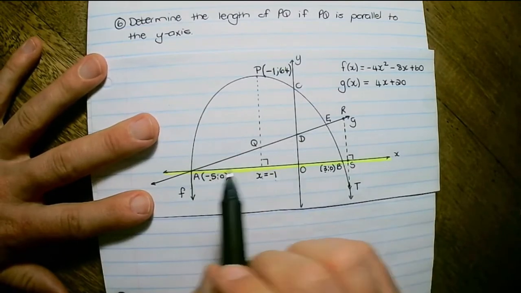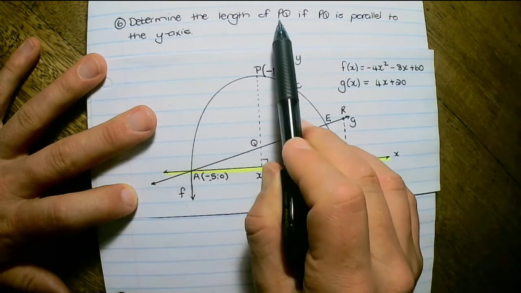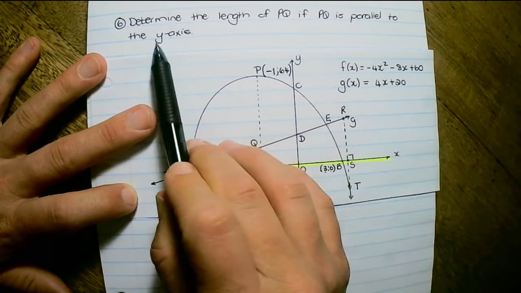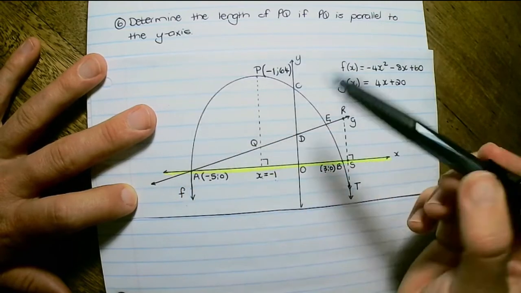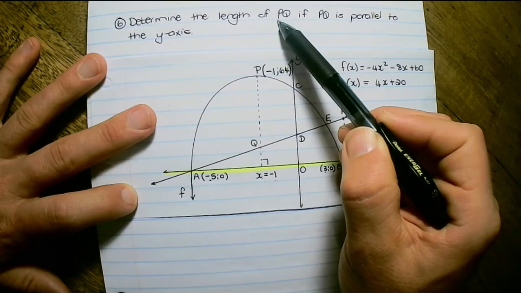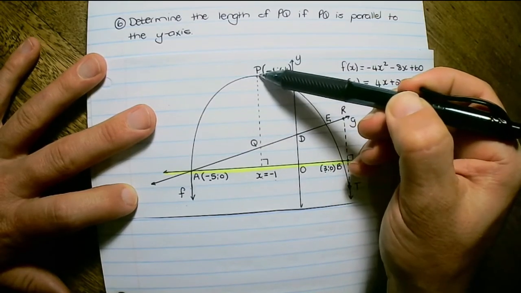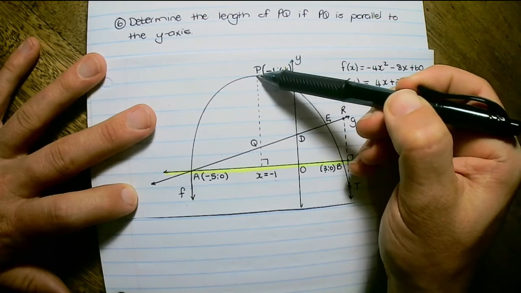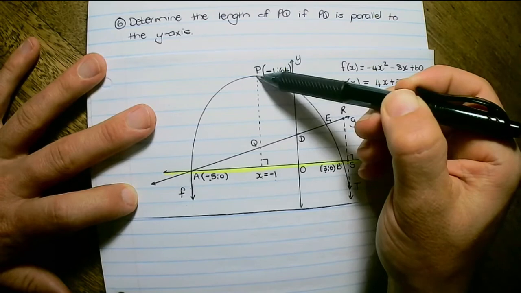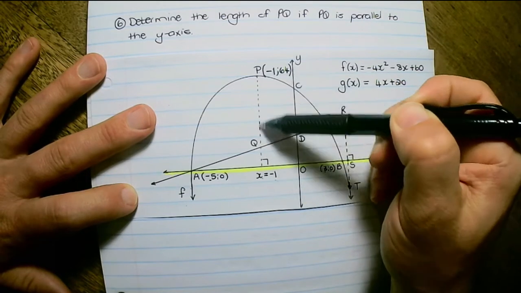Our next question is pretty simple. It says, determine the length of PQ if PQ is parallel to the y-axis. Now let's first see what we have. The coordinates of P and Q we can find. P is the turning point of the parabola, and Q is on the same axis of symmetry.